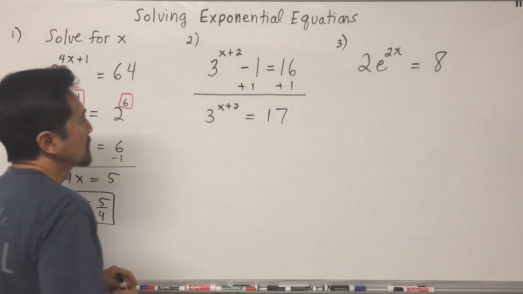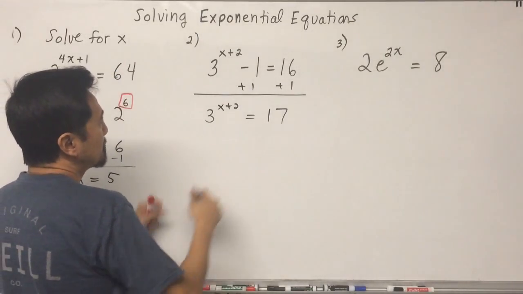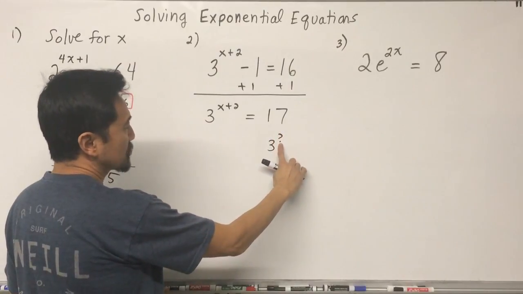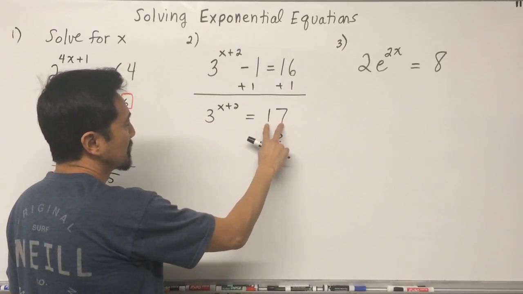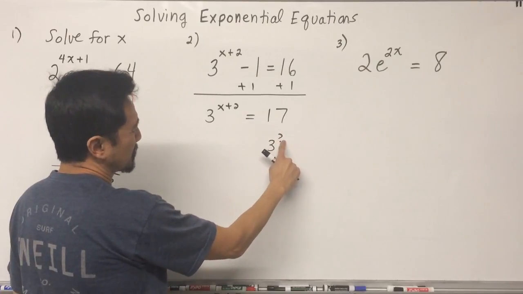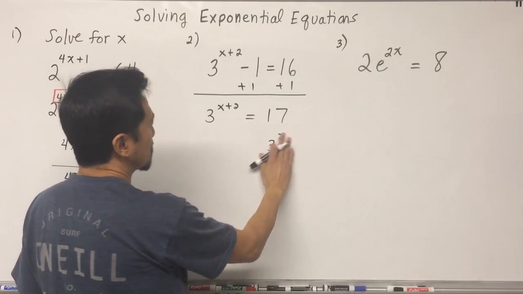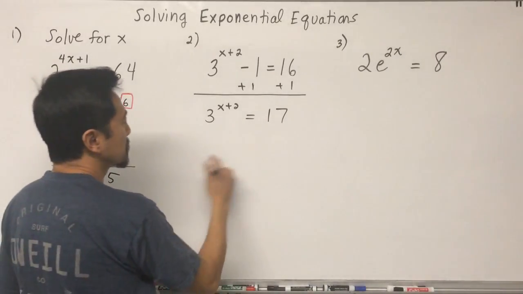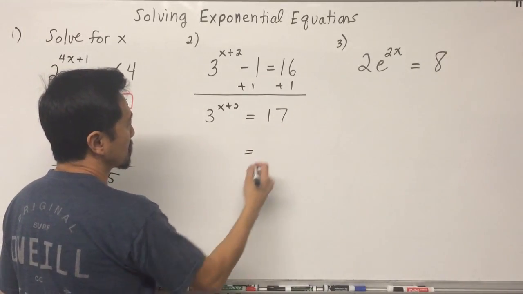But I'm not going to be able to take 3 to a nice rational power to give me 17. This number turns out to be an irrational number, and I don't know what it is off the top of my head. Okay? So what we're going to do is we're going to simply change forms.